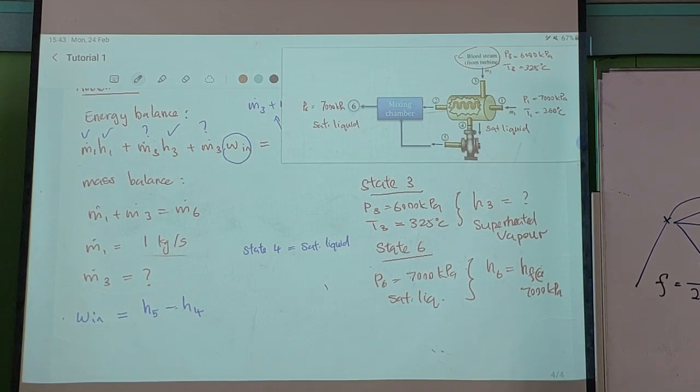Let's say this is a saturated liquid line. This is state 4. State 4 is saturated liquid. So we pump. So here we provide work in, so that it goes to state 5. Then it can combine with others.